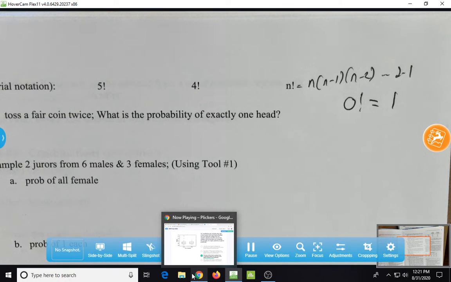Anybody feel uneasy about 0 factorial equals 1? You do? All right. But it's 1. How many ways can you not make a choice? One way. So that's kind of one idea. Gamma function, whatever. Mitch? 2 times 1, not minus, times.